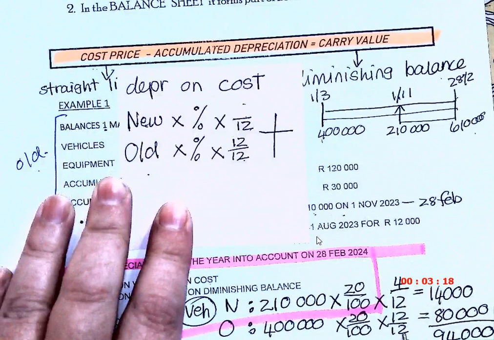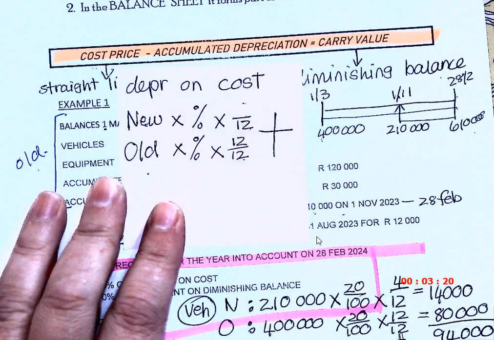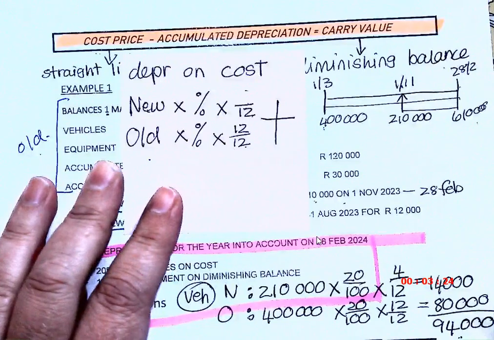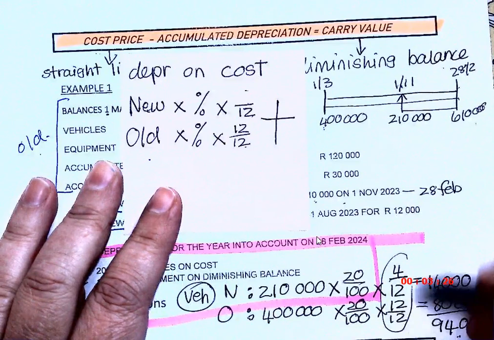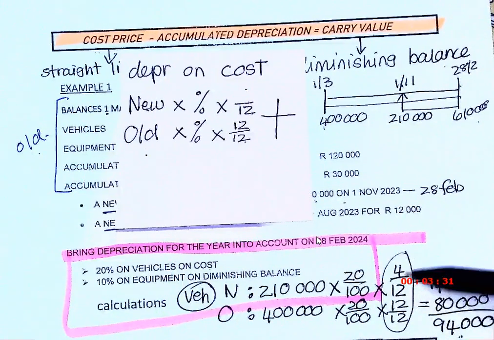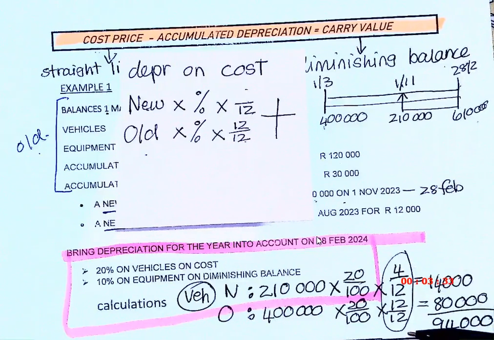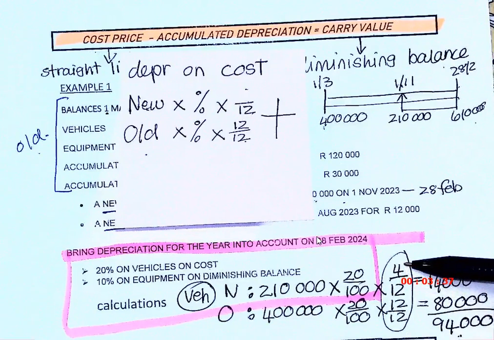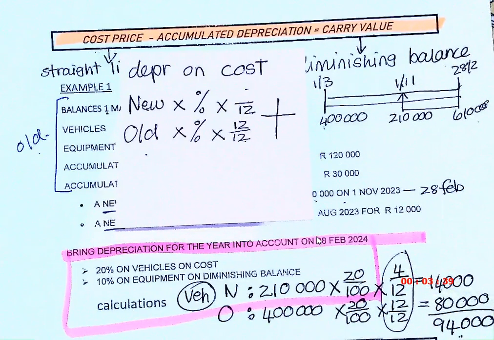You don't have to write 12 over 12 because 12 over 12 is 1. I just want you to see they are different. They are different. That is why I need to calculate 2 things. If they were the same, if this one was also for the whole year, I could make it 1 calculation.